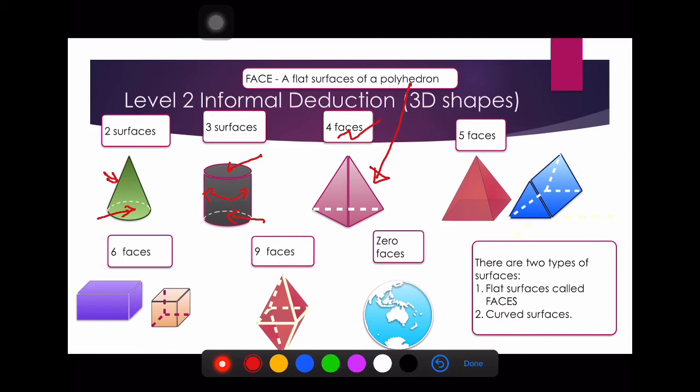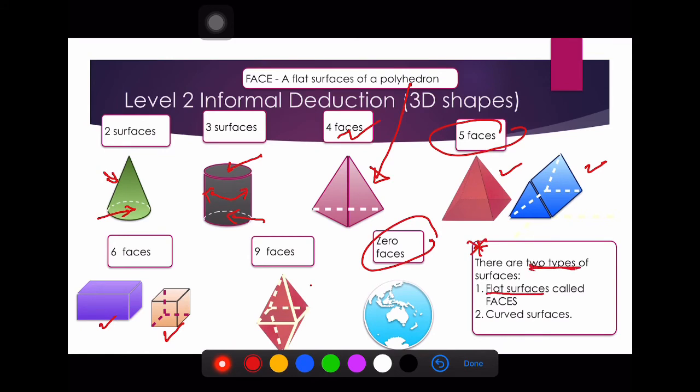For triangular prism and also square base pyramid, they each have 5 faces. And then 6 faces will be cuboid and also cube. 9 faces is for square based bipyramid, and for a sphere it is 0 face. So a little note here that we have 2 types of surfaces.